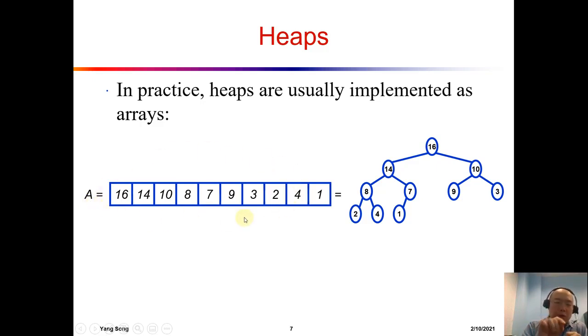If we want to put all the values into a binary tree structure, then we will have a heap. So, making use of the completeness feature of the heap, we are able to represent a heap in an array structure, which is much easier.